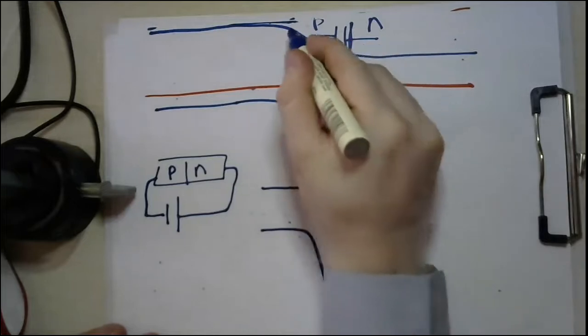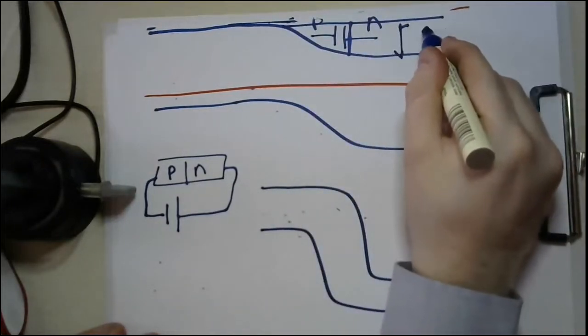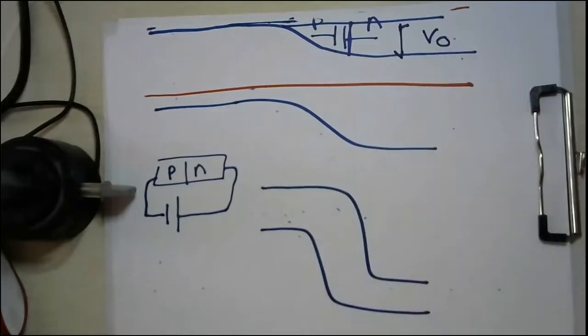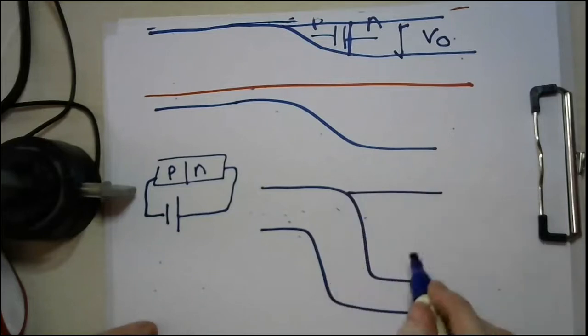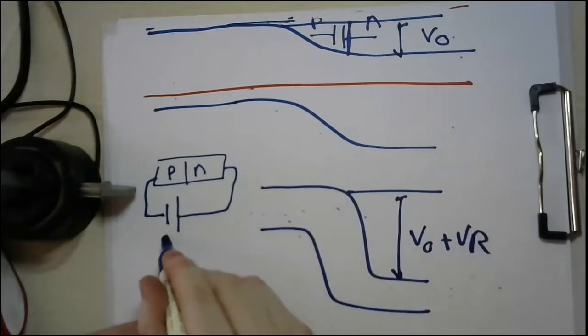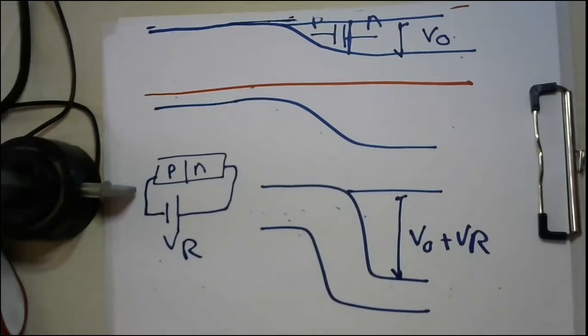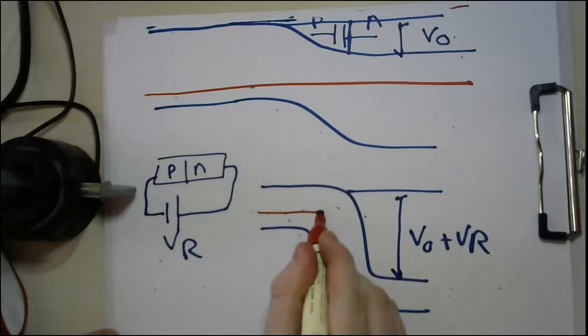As you can see here, if this has a height which we call V naught, the building potential, if you remember from part number 2, now you have a new height, which is V naught plus VR, where VR is the reverse voltage applied. This is the external applied voltage. So if you would like to plot now the Fermi level, you will find the Fermi level looks like that.